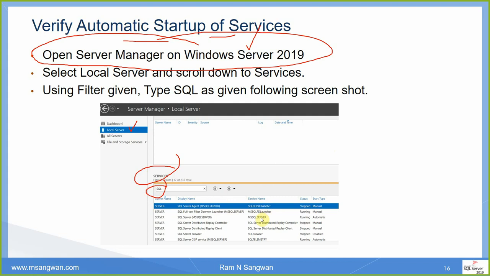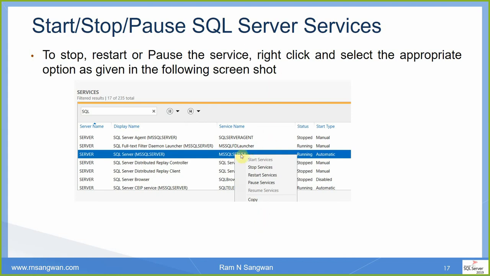And here also you'll find the same thing. You can manage the services: start, stop, pause, restart, enable, disable, automatic start, manual start. All the settings are possible here also. So as I said, right click, stop, restart, pause, all facilities.